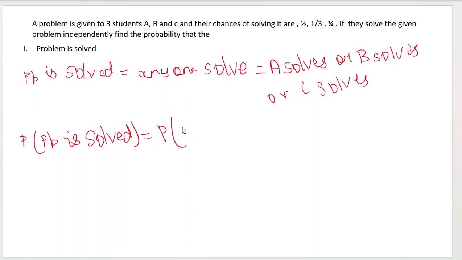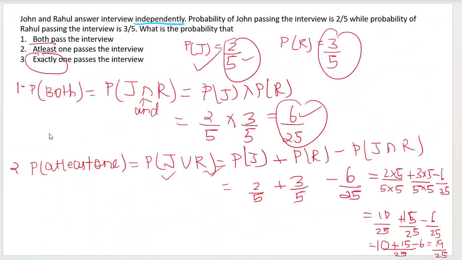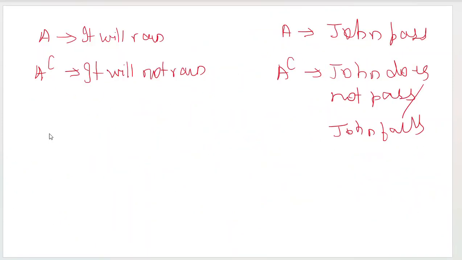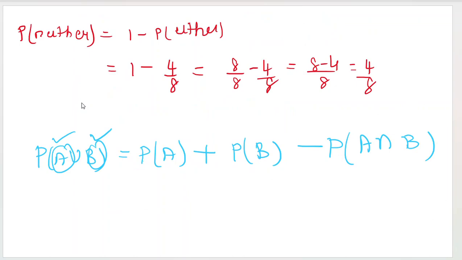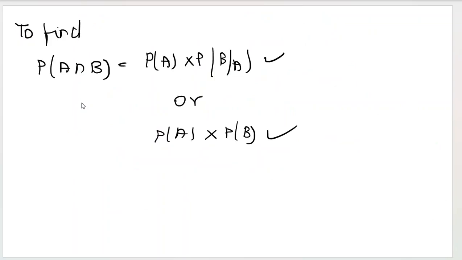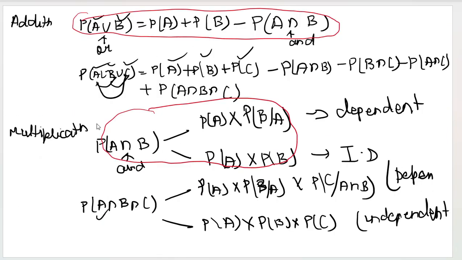So basically we want the probability that the problem is solved, which is nothing but the probability of A solves, that is this or is replaced by union, B solves, this or is again replaced by union, and therefore C solved. Now there is a formula using addition theorem which we discussed over here. This is the problem.